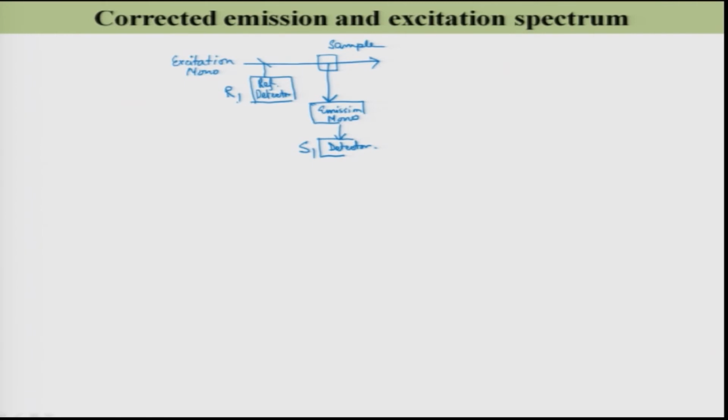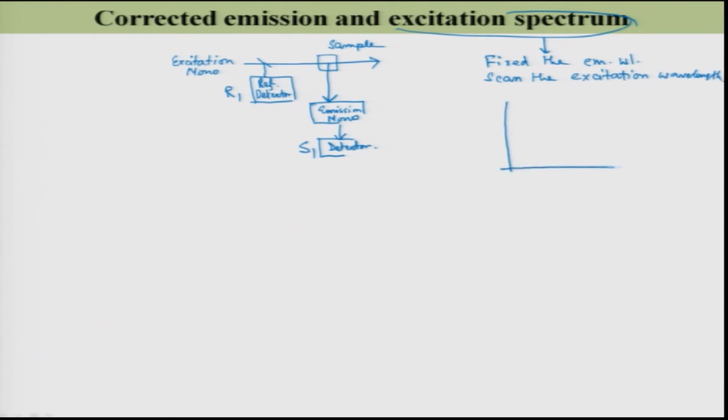So, for this excitation spectra, what you need to do, you fix the emission wavelength at your choice, and then scan the excitation wavelength, and then what you are going to plot is the intensity of emission at that desired wavelength where you have fixed it, intensity of emission at lambda emission, that lambda emission is at your choice.